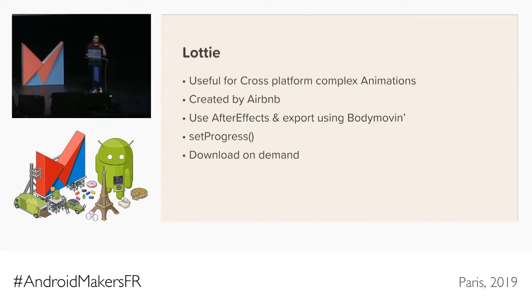So you can just have them hosted on a server, and your app knows where to go get it from, and you don't have to bloat your app with this large animation if the user isn't getting there. And there's a whole bunch of animations on lottiefiles.com that you can go and have a look at. These are all beautiful, beautiful animations, and you can download the files that you want to use and then use them in your app.